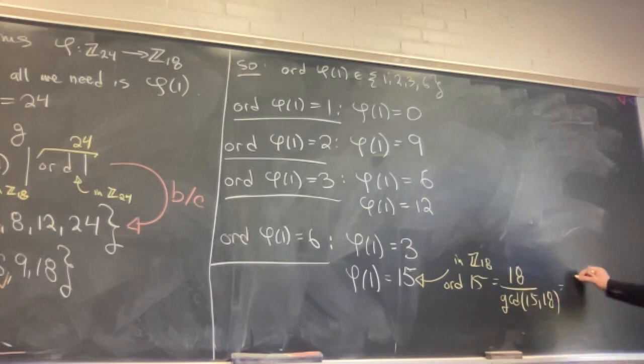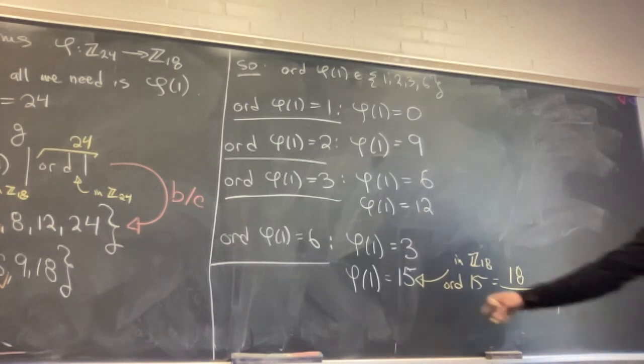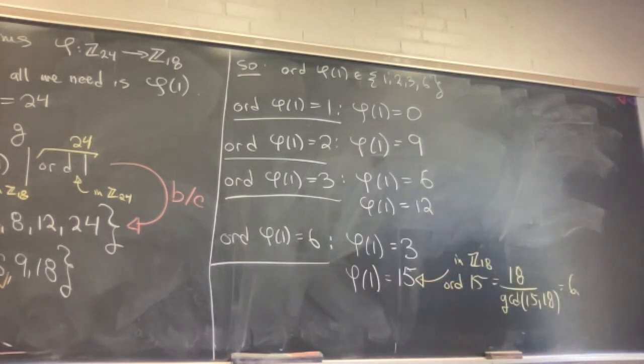So we get 18 divided by 3 is 6. That's an easier way to check that 15 has order 6. You could add 15 to itself 6 times and see that you get back to 0, but who's got time for that? Okay, now that's all your homomorphisms.